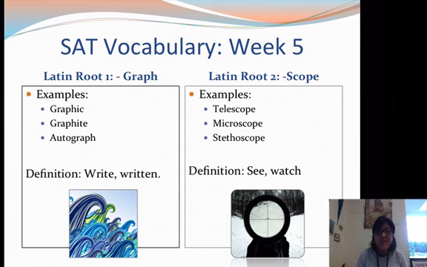Graph is a root which refers to something to do with writing, so write or written. Scope means seeing or watching. So try to come up with your own word which contains the root graph and write your own original sentence with that word. And then try to come up with your own word that contains the root scope and try to write your own original sentence using that word. Pause the video if you need to.